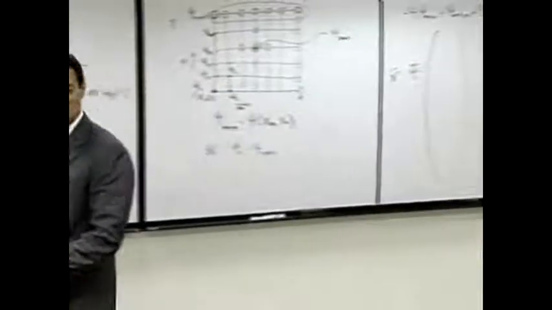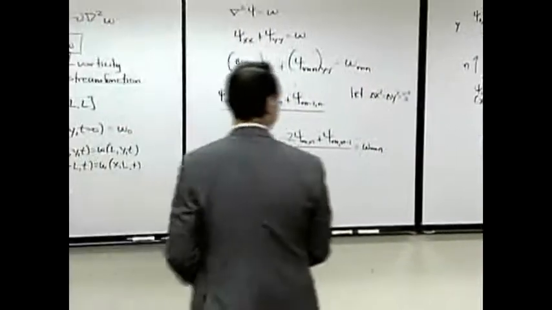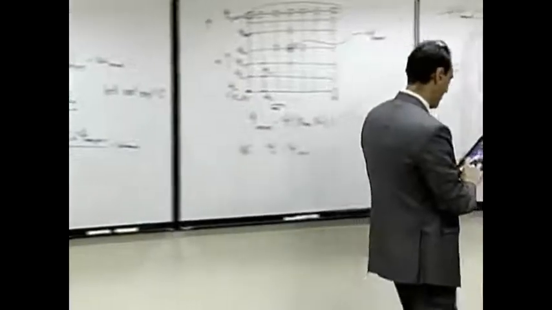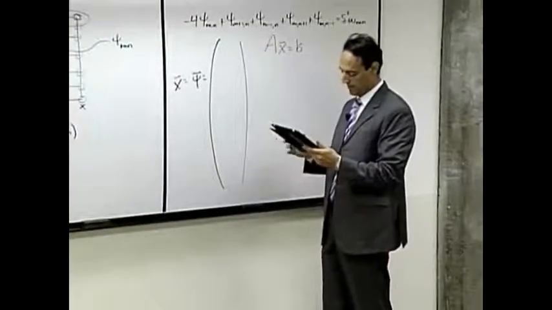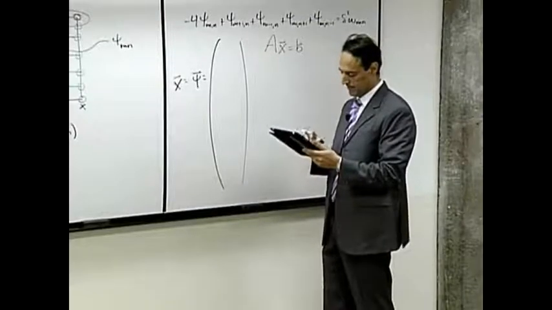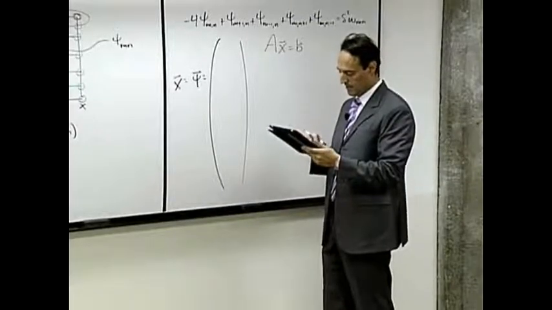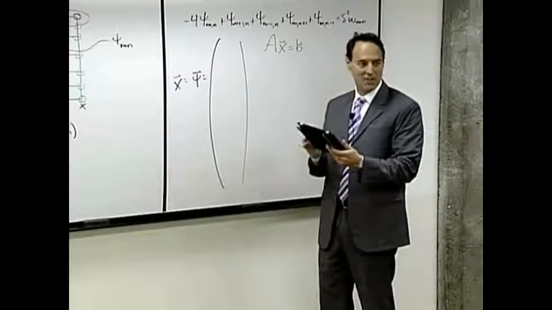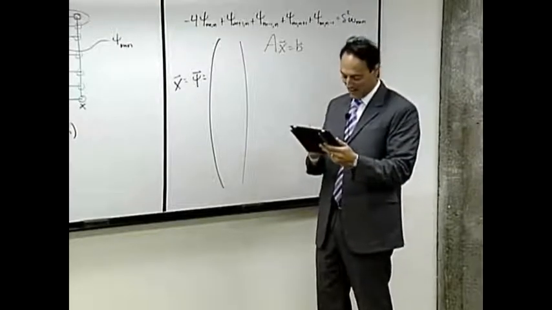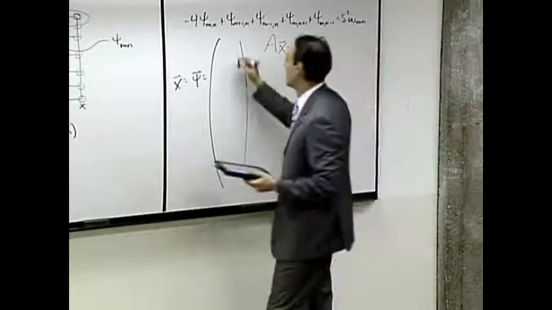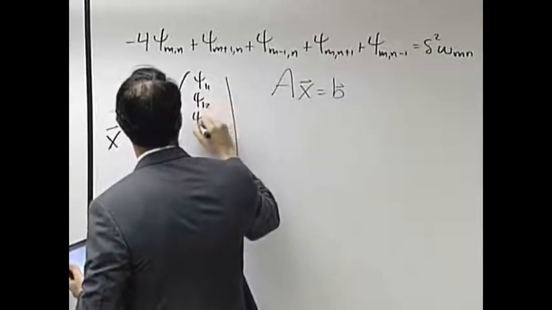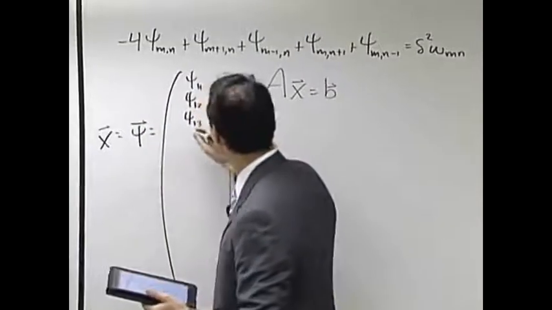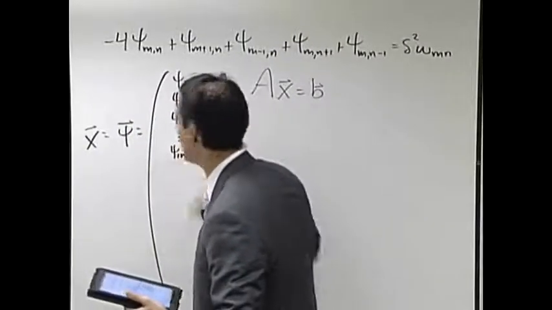So here's what we're going to do. Let me stay consistent with the notes so we can make sure to get this. All right, so here is my giant vector of information. Are you ready? Okay. Psi 1,1, psi 1,2, psi 1,3, all the way to psi 1,n.